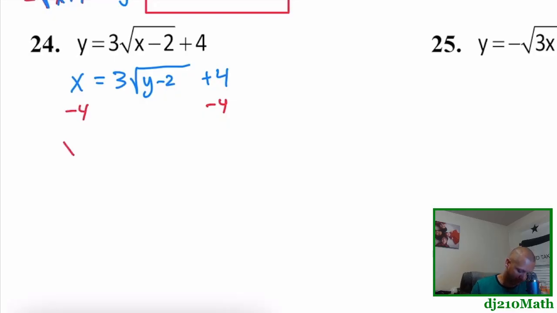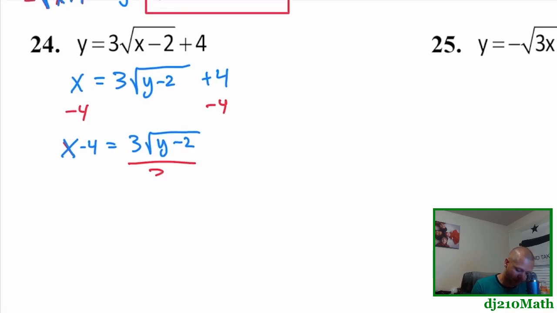So x minus 4 is equal to 3 square root y minus 2. All right, working closer to y, still furthest out from y, right? Dividing by 3. We're still outside the square root symbol. So (x minus 4) divided by 3 is equal to the square root of y minus 2.